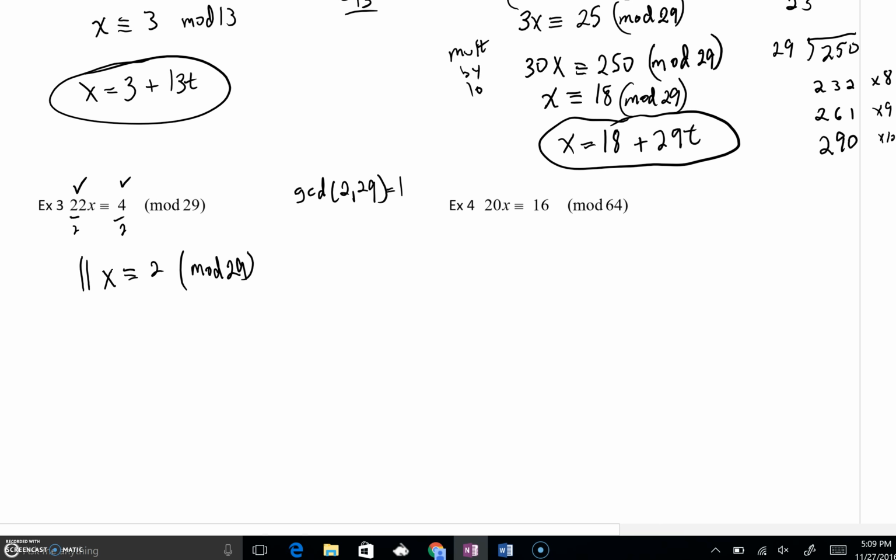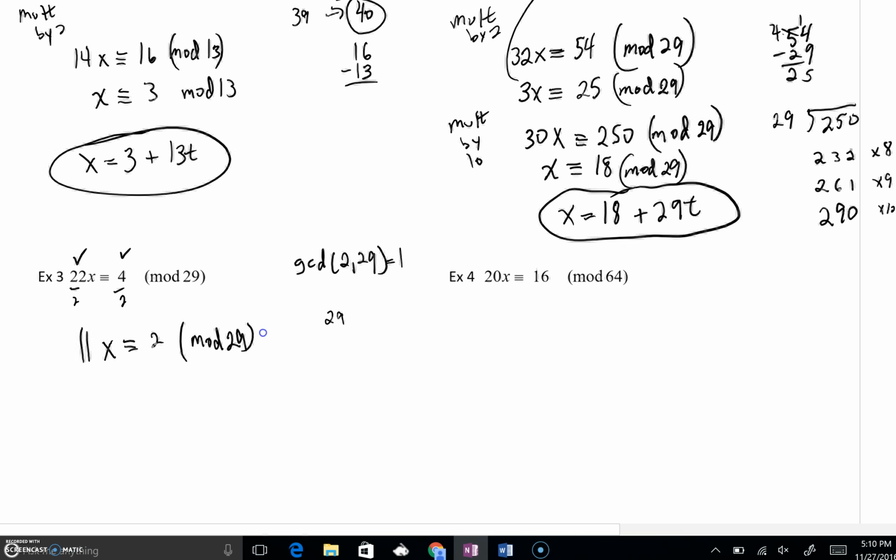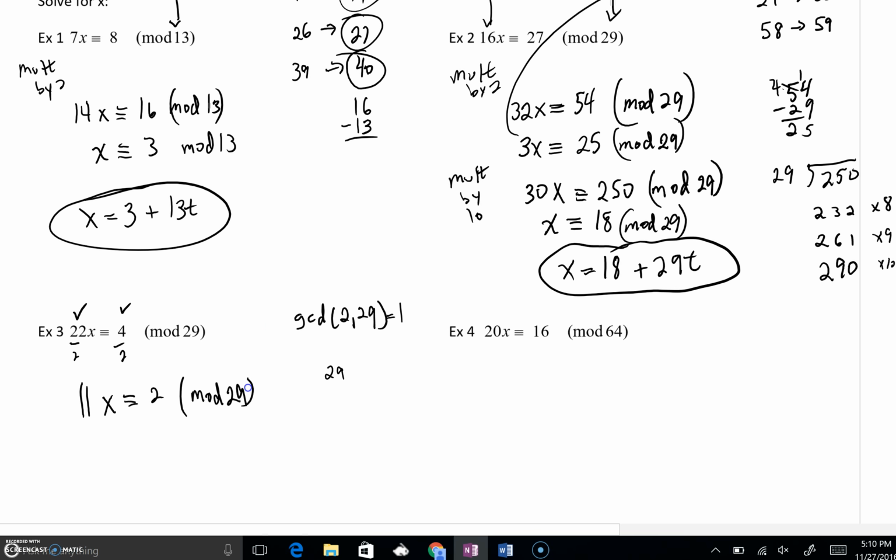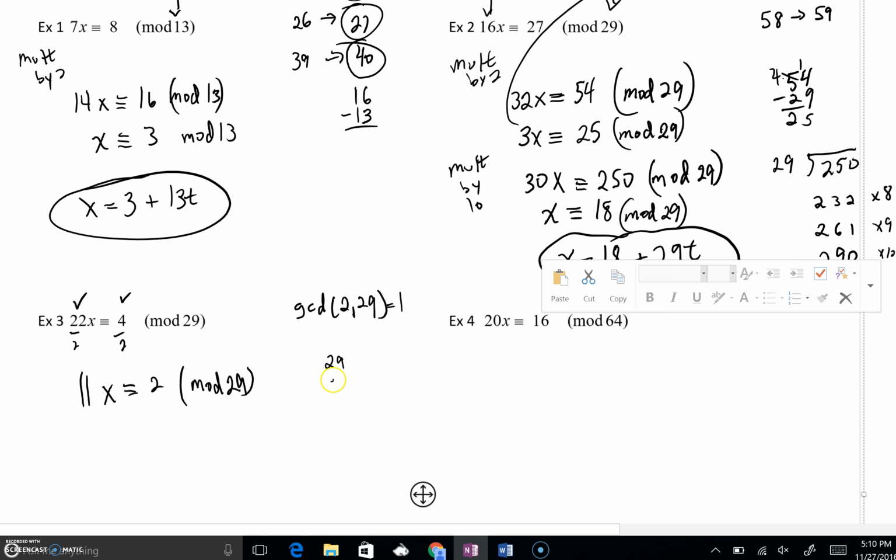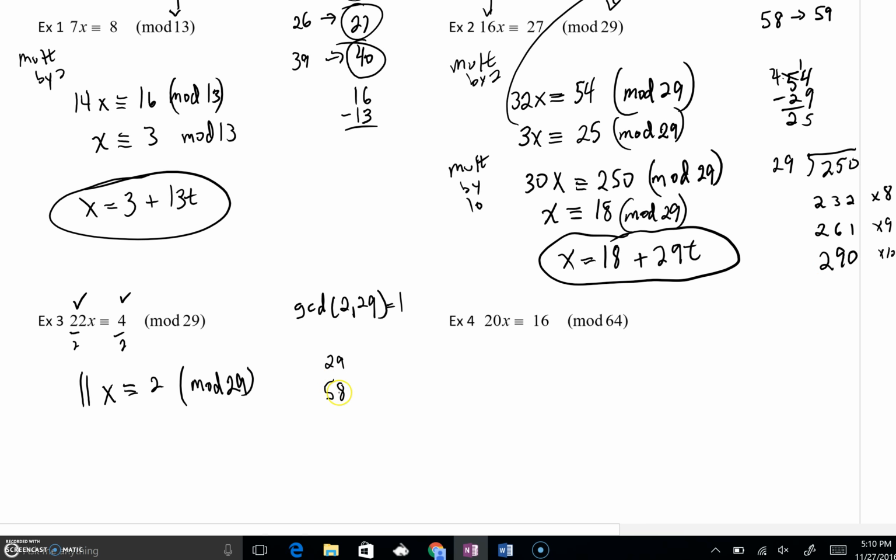What we now can do is realize that as we're looking at 11 and 29, you could ask yourself, well, what are some of the multiples of 29? 29 times 1 is just 29. 29 times 2, you can see we began to do that off to the side. That was 58. By the way, that's just like continuing to add 29. If you add another 29, you'll be at 87.